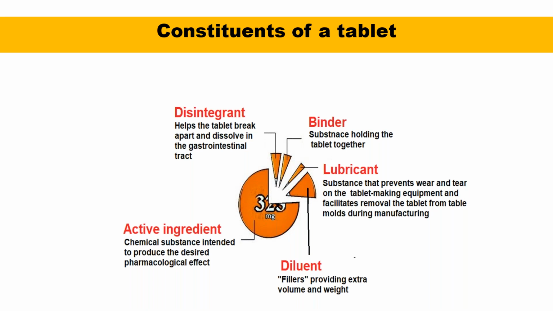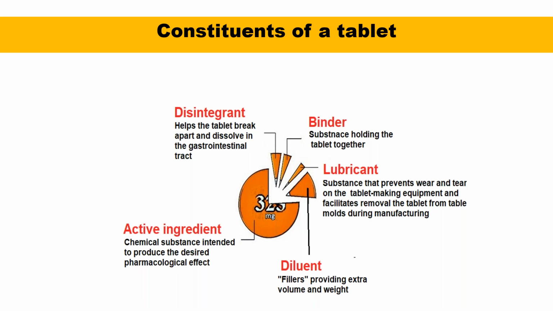A diluent is a filler which provides extra volume for the tablet, for example lactose, starch, dibasic calcium phosphate, microcrystalline cellulose. Due to different quantities of diluent added, a 325 milligram and a 500 milligram tablet can be of the same size. It is the quantity of the diluent which can be different, making these tablets the same size.